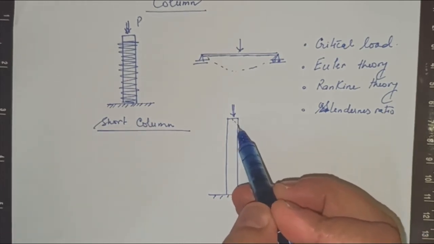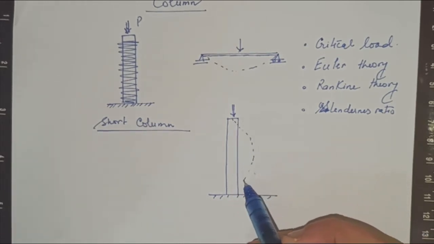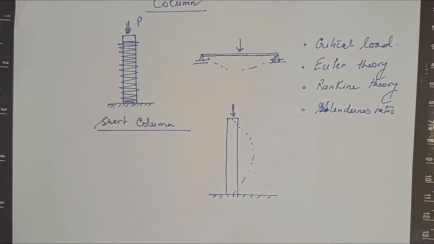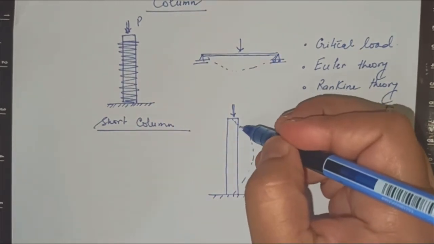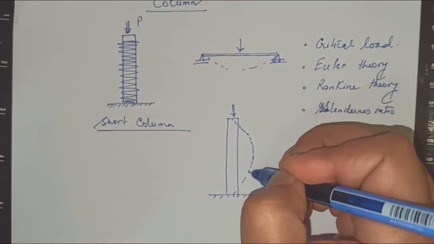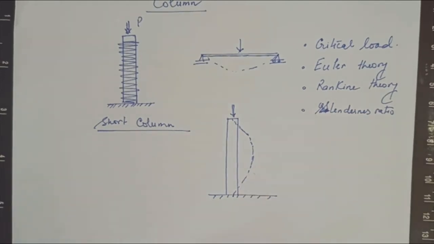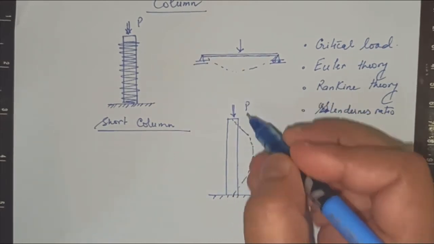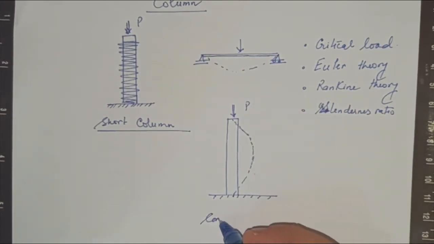When such a column is loaded, it fails by deflection out of the axis of the load, an out of plane deflection. These types of columns are usually considered long columns.